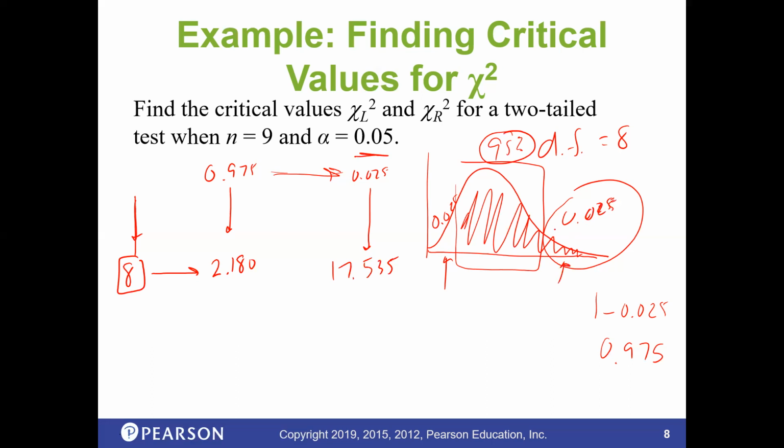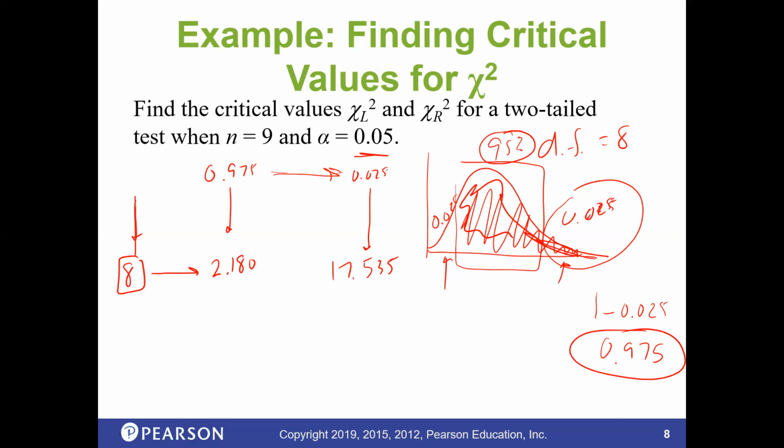If this was all colored in, we'd be looking for 0.975 for the left. It's the third column in, going down all the way to df equals 8: 2.180. Are we good there? Scrolling off to the right, under 0.025, we have 17.535. Cool. That's it, guys, we're just using a different chart.